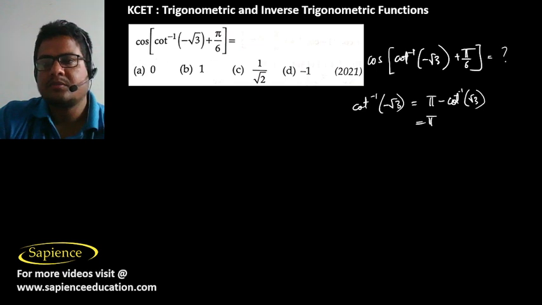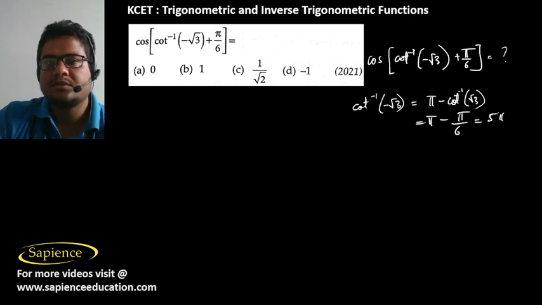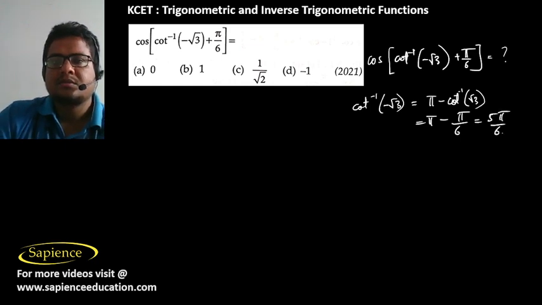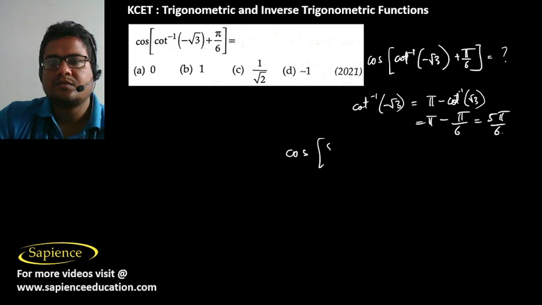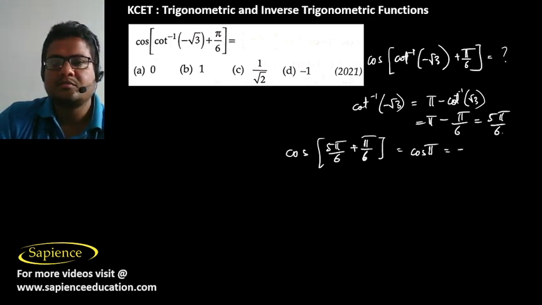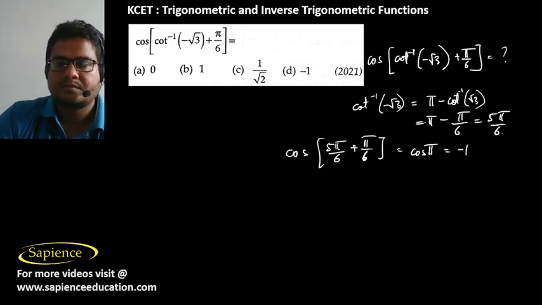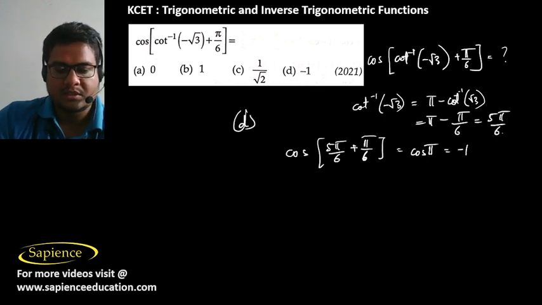So that is pi minus tan inverse 1 by root 3, that is pi by 6. So that is 5 pi by 6. So therefore we have to find cos of 5 pi by 6 plus pi by 6. So that will be cos pi. Now cos pi is minus 1. So option D is the correct answer.